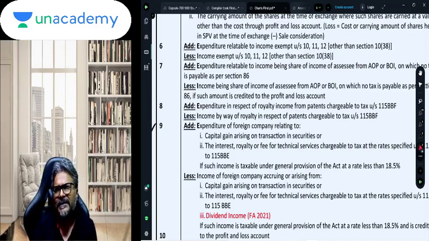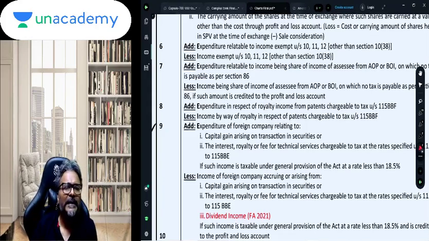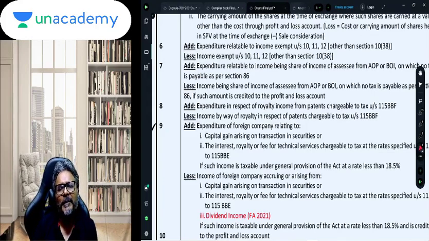But just consider this: if that company is a member of an AOP, the AOP profit will be charged to tax at MMR. And what happens? The share of profit which is received by the member, is it exempt under section 10?